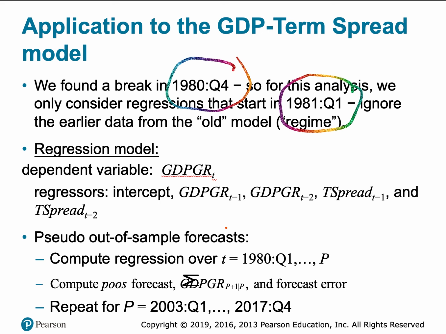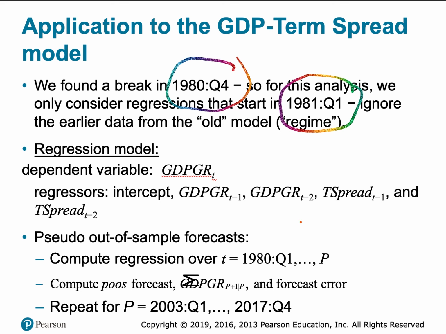The way that we do pseudo out-of-sample forecasts, we're going to compute the regression over t equals 1980 Q1 through P. We're setting P, for example, equal to 2003 Q1 through 2017 Q4.